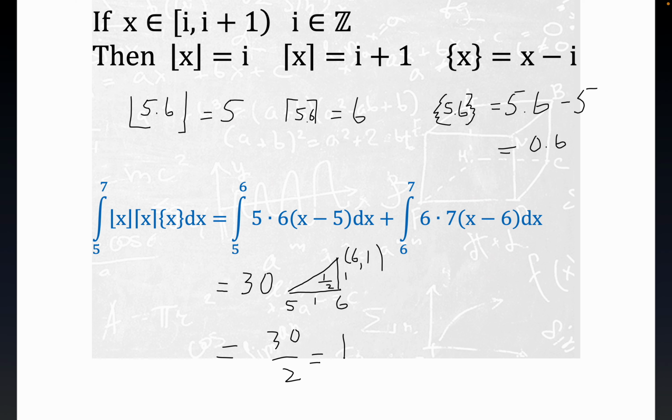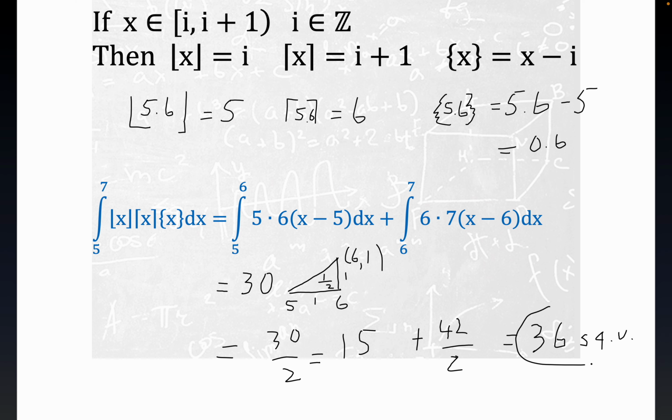And I won't draw a picture, but in a similar fashion, you would get plus 42 over 2 right here. So this is equal to 15 plus 21, which is 36 total. 36 square units. I'll put just units, since we didn't say if it's inches, centimeters, or what. But anyway, that's the answer, folks.